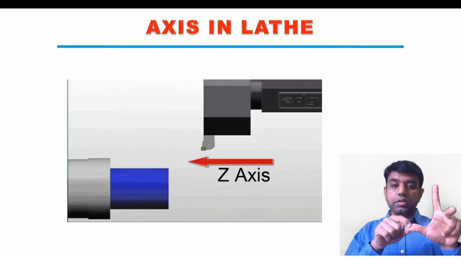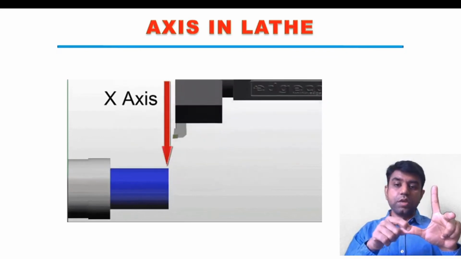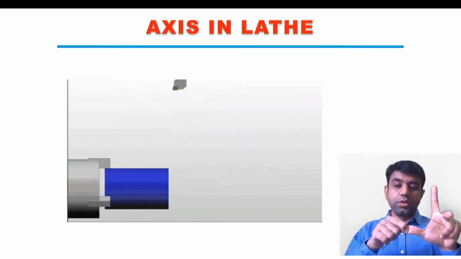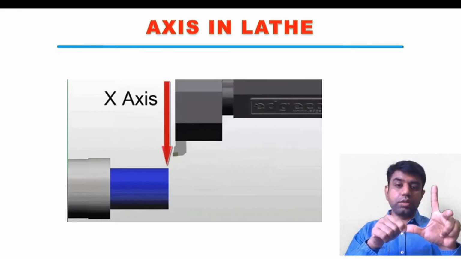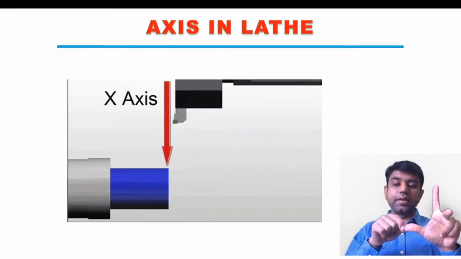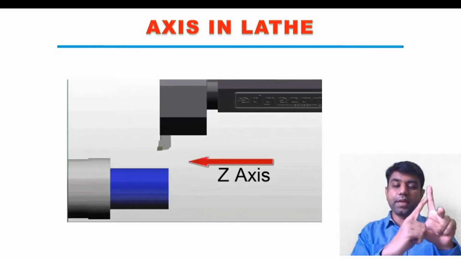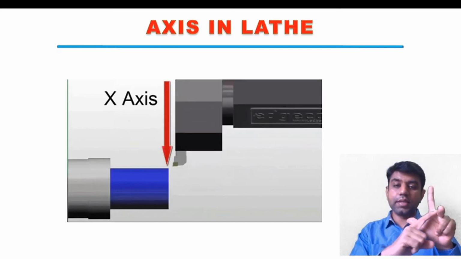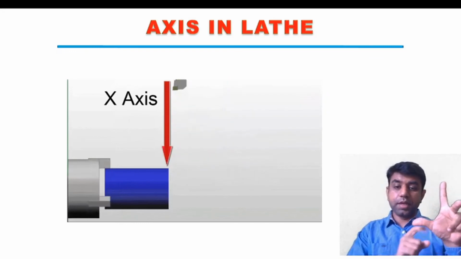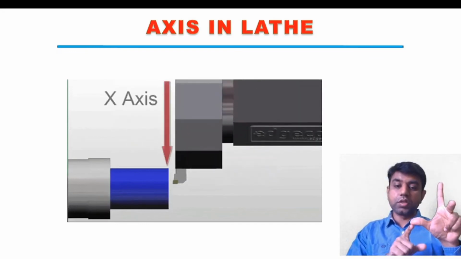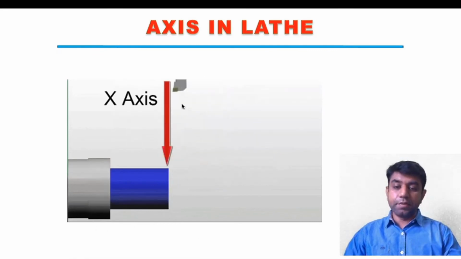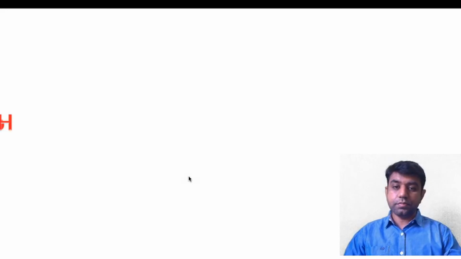Let us take that the thumb is indicating the z axis. We need to point the thumb towards the spindle direction. This is the golden rule: the spindle axis will always be the z axis. So if you point the thumb towards the spindle direction, then we get the directions of x and y, right? Y will be the vertical movement, x will be the horizontal movement, that is along the depth of cut. And the feed is indicated by the thumb. So it is shown over here that the feed direction is the z axis and the depth of cut direction is the x axis.